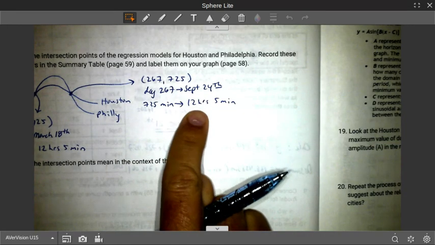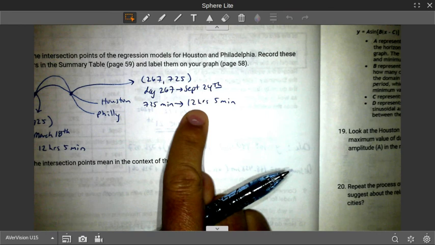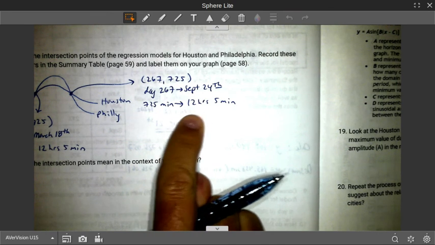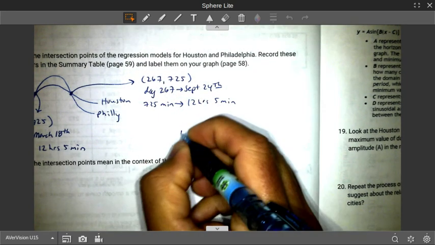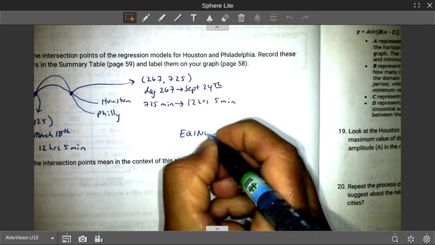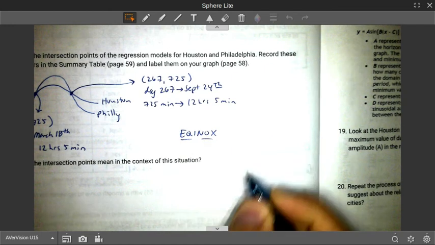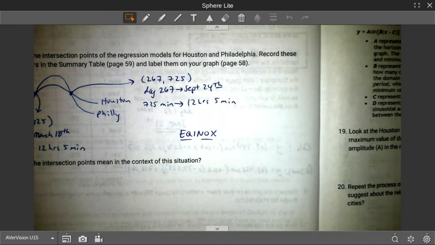So 12 hours out of 24 hours is about half. So we got about equal daylight and equal nighttime, and that is called an equinox. Equal night and day, equinox.